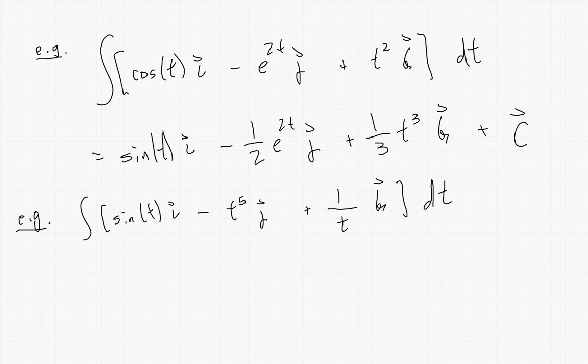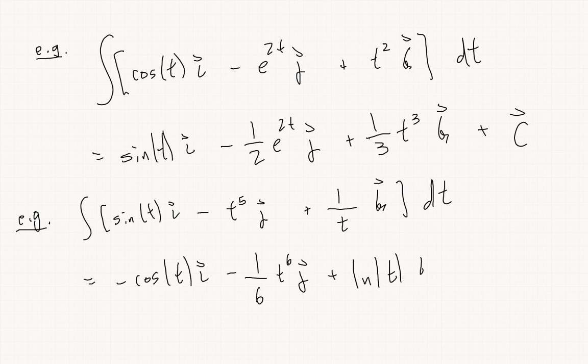So here t is not 0. Now we would get negative cos t i minus 1 over 6 t to the 6 j plus ln of t k plus a constant vector again.